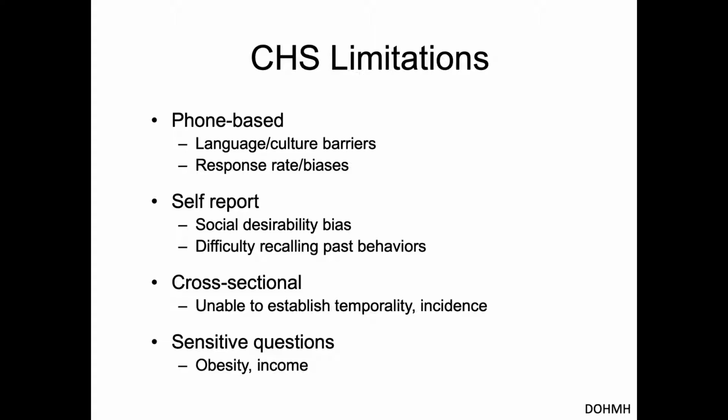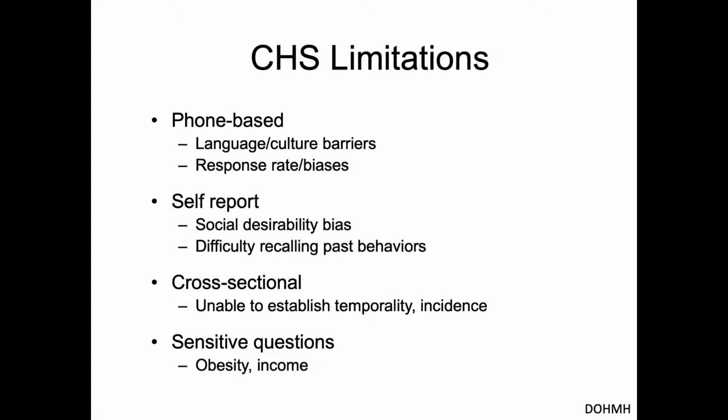So there are a number of limitations to the Community Health Survey, or CHS, and these are not unique to this survey. Being phone-based, there are language and cultural barriers to doing a telephone-based survey, even if it is in your language. There are declining response rates, so this is a survey that is getting harder and harder to do for the health department.